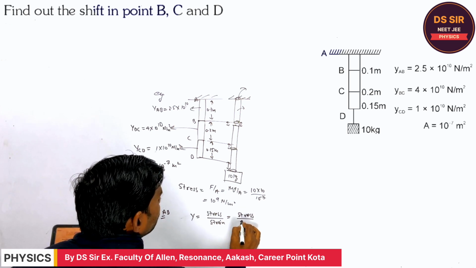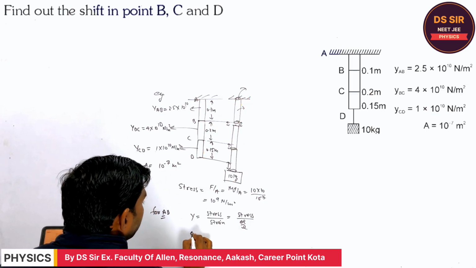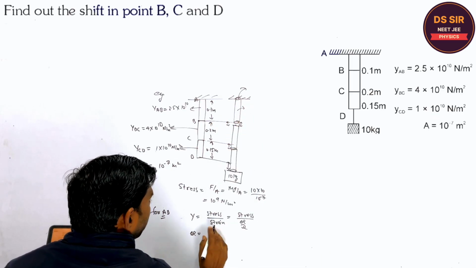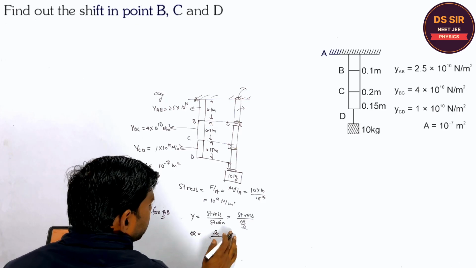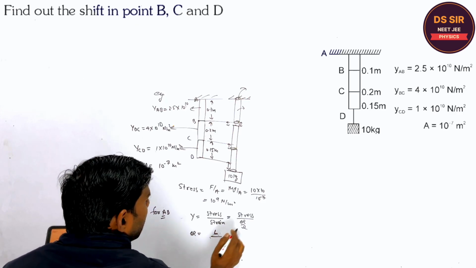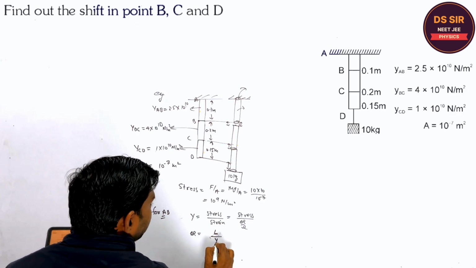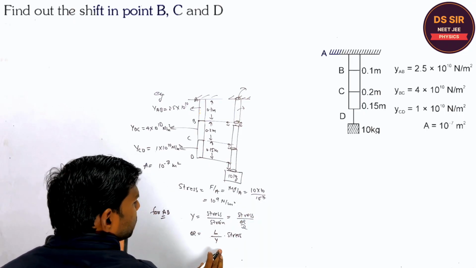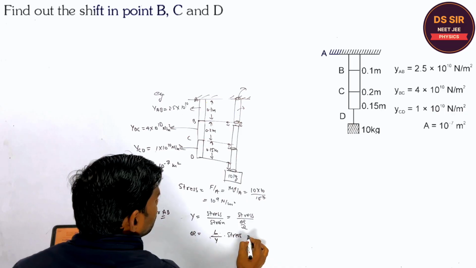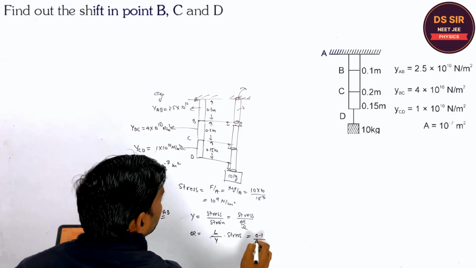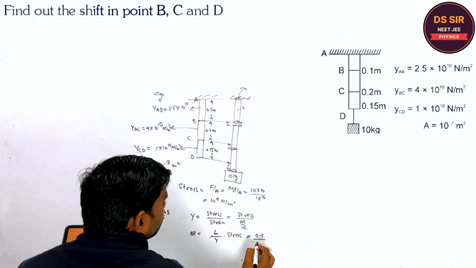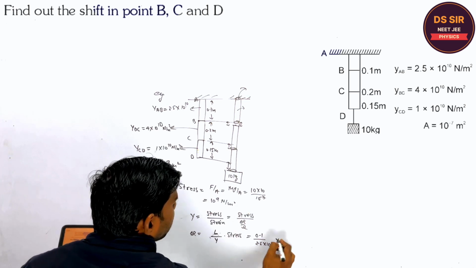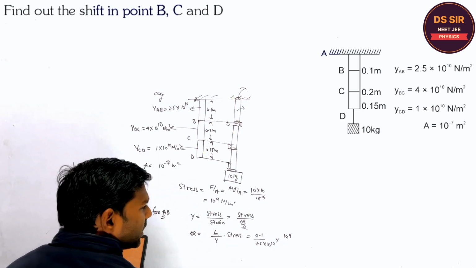It is equal to delta L upon L. So delta L, that is this elongation, is nothing but capital L upon Y into stress. The stress is common. What is its length? It is 0.1. What is its Young modulus? 2.5 into 10 to the power 10. What is the stress we have found? 10 to the power 9. Is it clear or not?